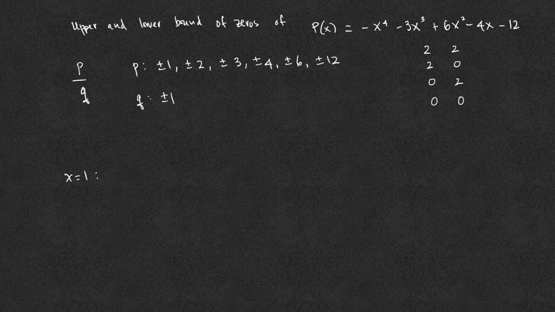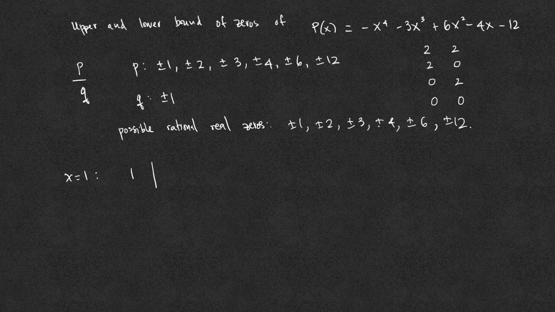To check if x equals 1 is a real zero, we perform synthetic division. X minus k, so k in this case is 1. We write the coefficients of the polynomial starting with the leading coefficient, negative 1, negative 1x to the fourth, negative 3x cubed, 6x squared, negative 4x, and negative 12.